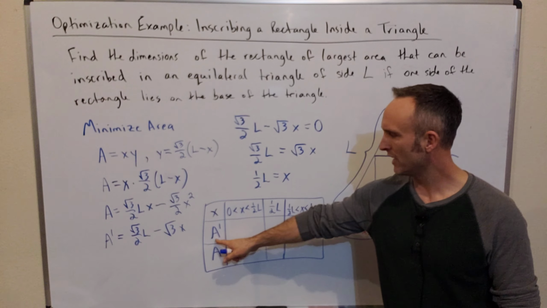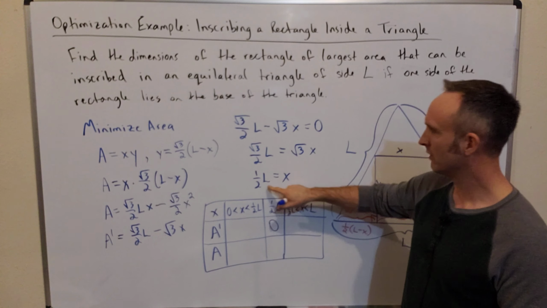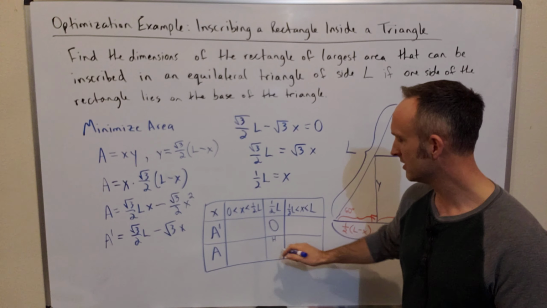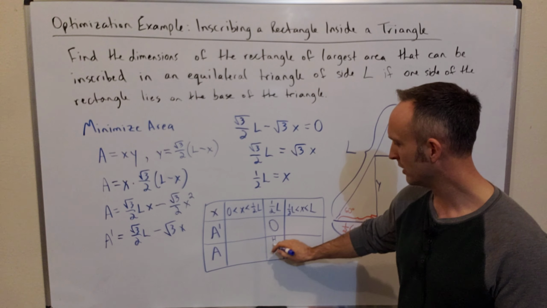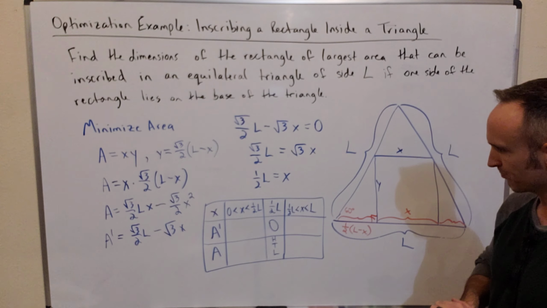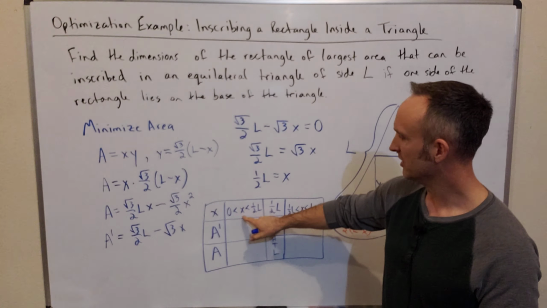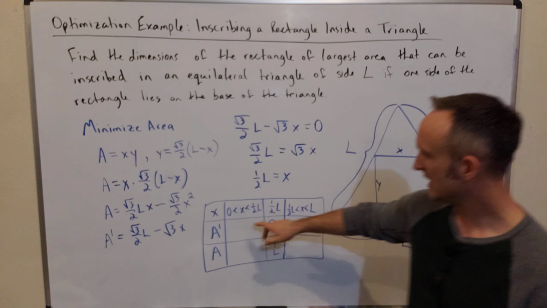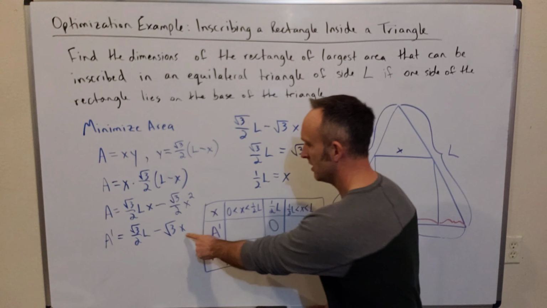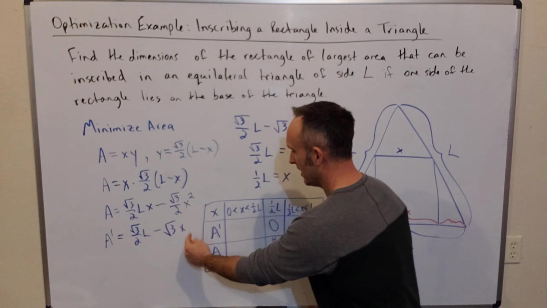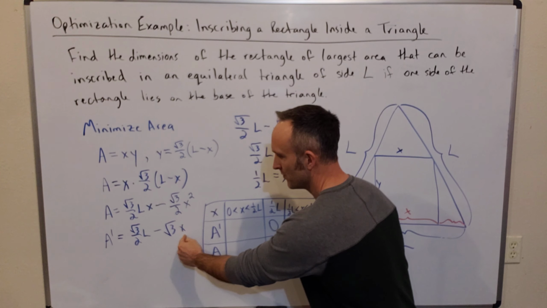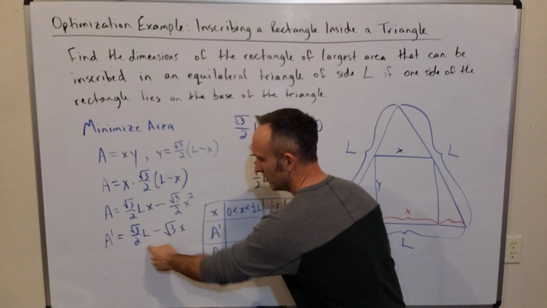All right, we already know that A prime is 0 whenever x equals 1/2 L. The derivative is 0, which means that the area of the rectangle would have a horizontal tangent line if we were to graph the curve for the area function. If I plug numbers less than 1/2 L into my A prime, then I'm going to get something smaller than the square root of 3 over 2 times L, which is going to give me a positive number when I subtract.